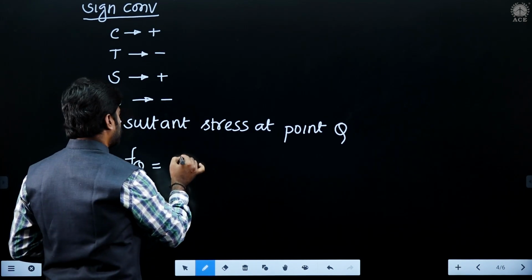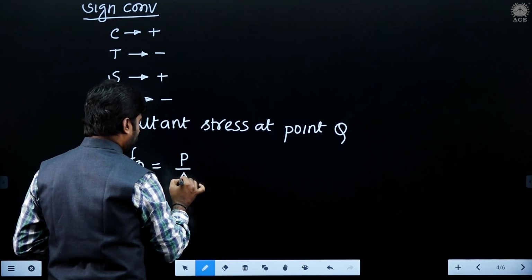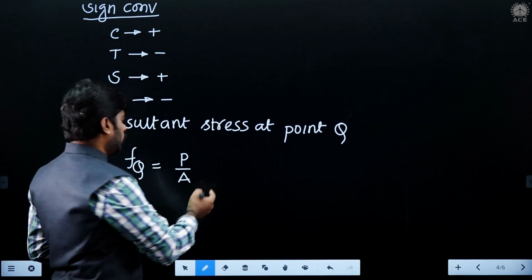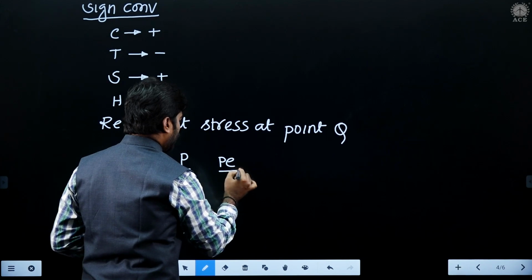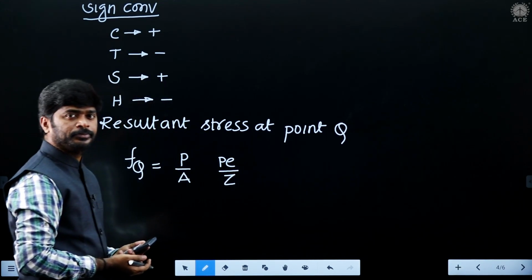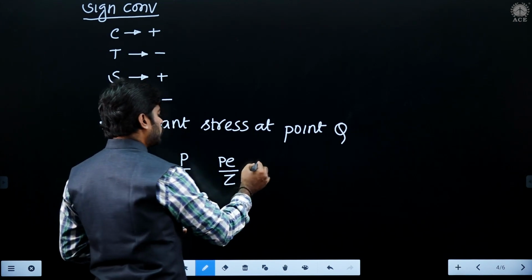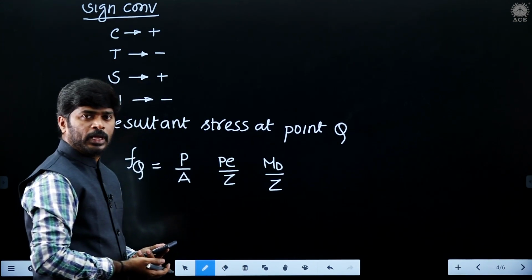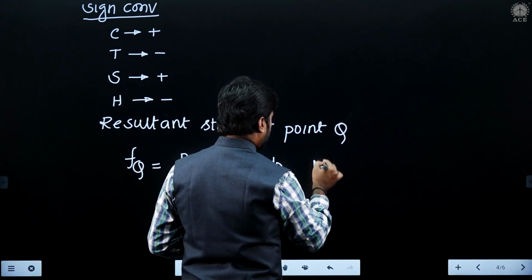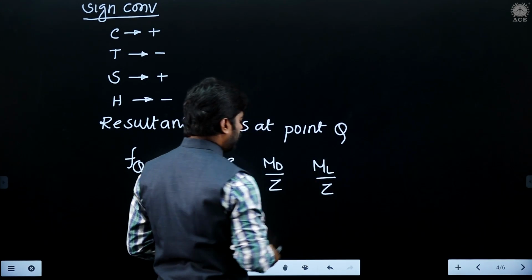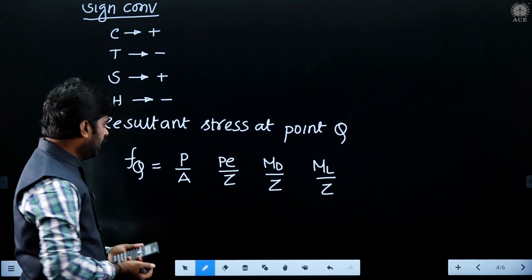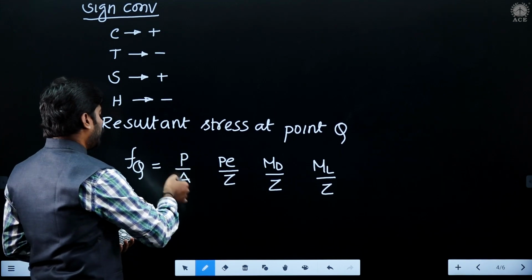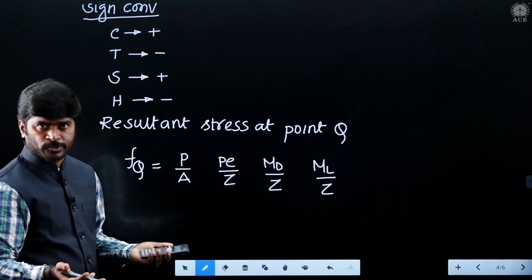Due to pre-stressing force, it is P by A. Then due to eccentricity, moment will also develop, that one will be PE upon Z, right. And due to self weight of the beam, say it is MD upon Z. Due to live load, moment will develop, so bending stress will be ML upon Z, okay.